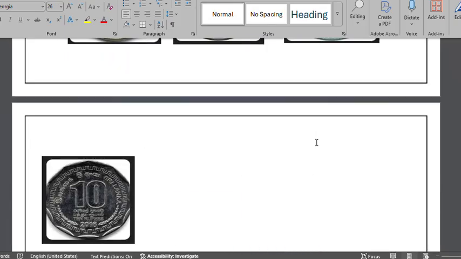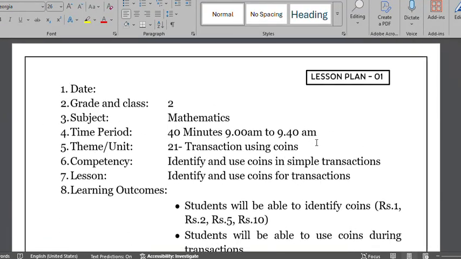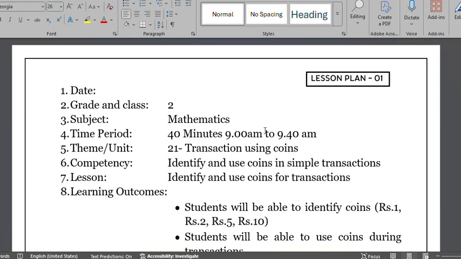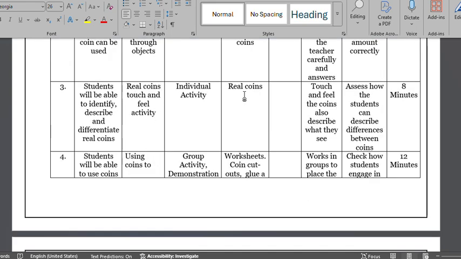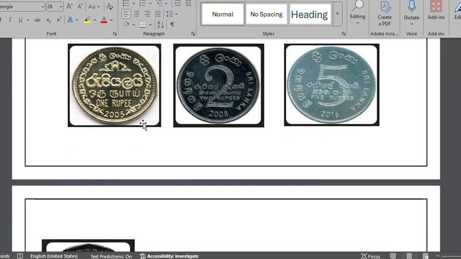Before you do the lesson, you can prepare this lesson plan. I think you can cover all the things, but the reflection part you want to write after the lesson only.